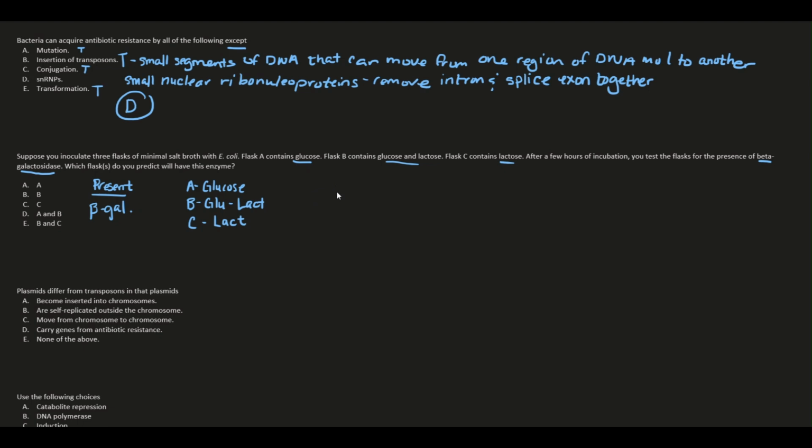Let's see. What does beta-galactosidase do? Well, it is an enzyme that splits the substrate lactose into 2 simple sugars, glucose and galactose.